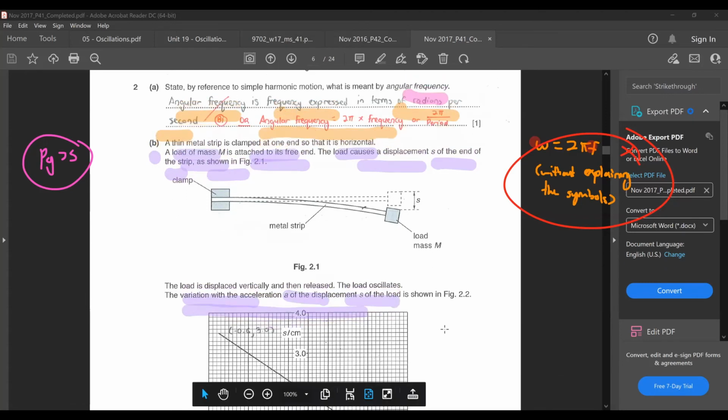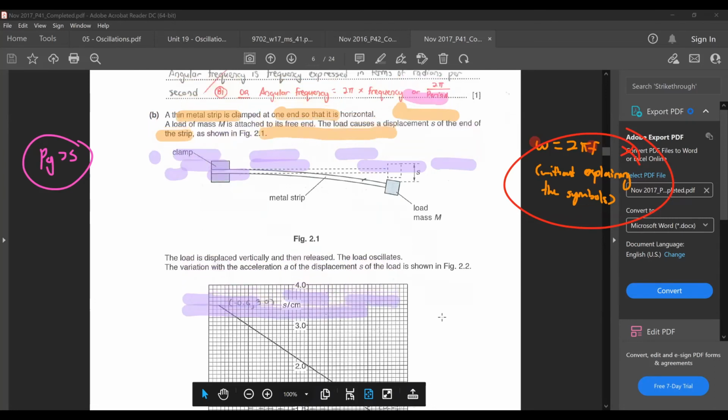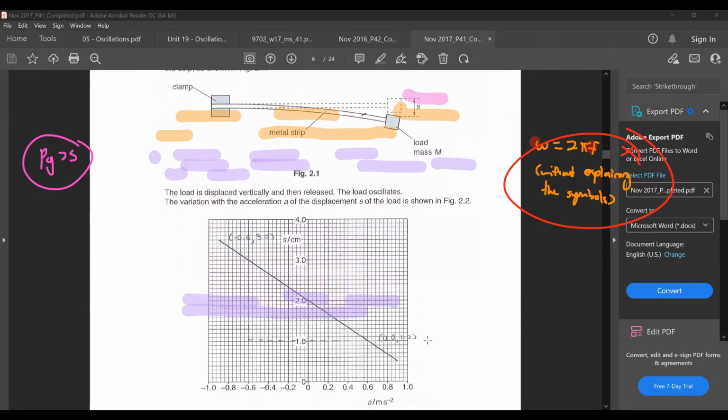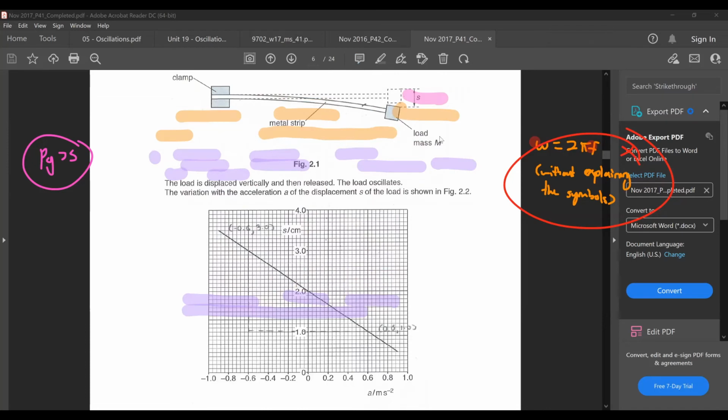So this is what you have, and you see this graph looks like this right now. Now the graph that you are used to seeing when it comes to acceleration versus displacement looked like this originally.